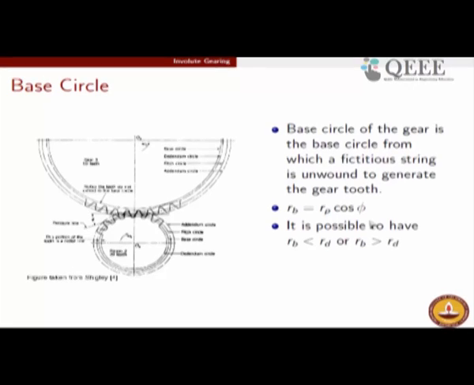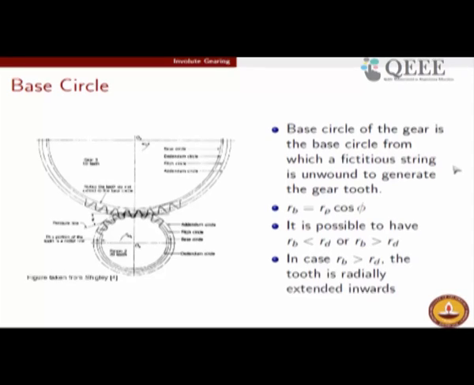So, this leaves the possibility that both of the following conditions can happen. You could have a base circle which is larger than the dedendum circle. You could also have a base circle which is smaller than the dedendum circle. This leads to the following interesting fallouts.